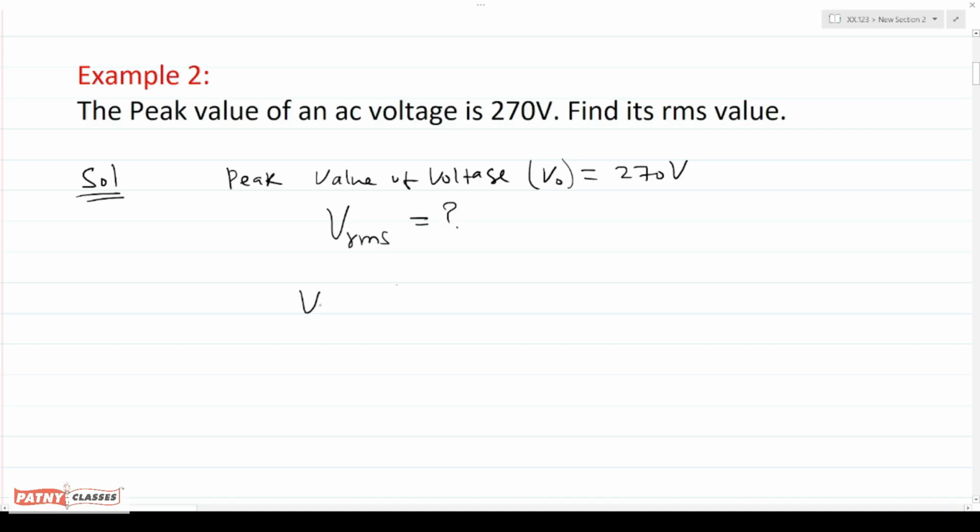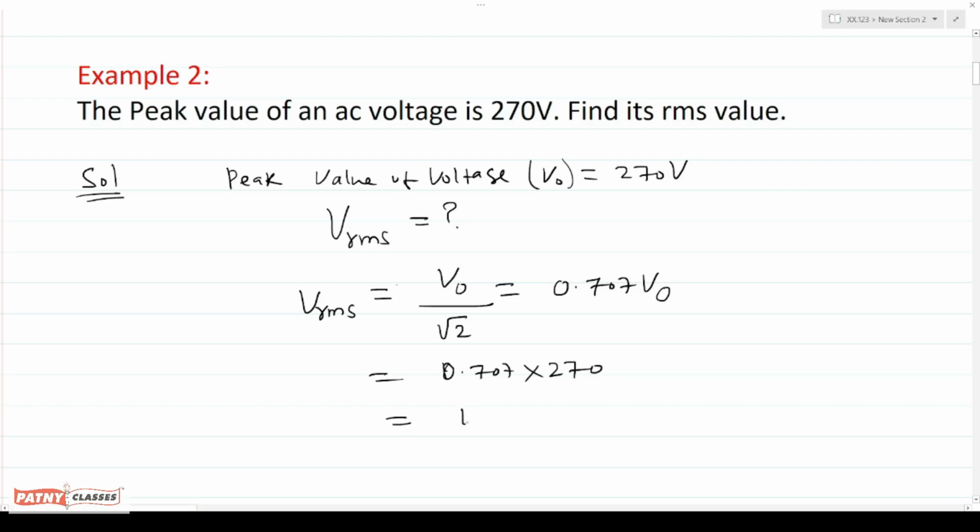Relationship between VRMS and V0 is given by VRMS equals to V0 upon root 2, that is equals to 0.707 into V0. So 0.707 and V0 equals to 270. This is equals to 190.89 volts. Therefore, the value of VRMS equals to 190.89 volts.